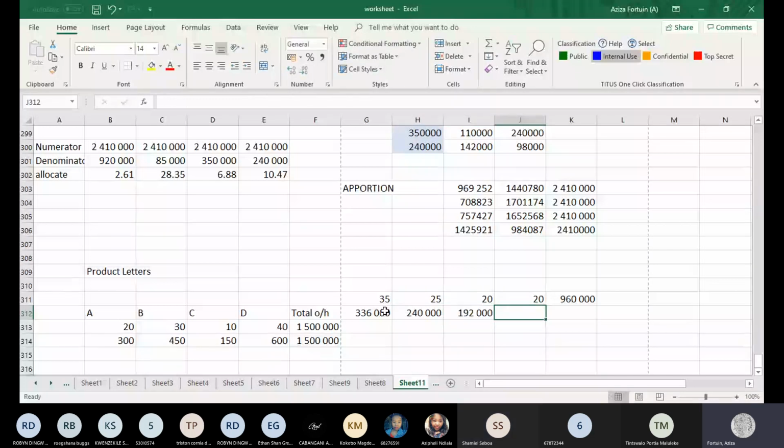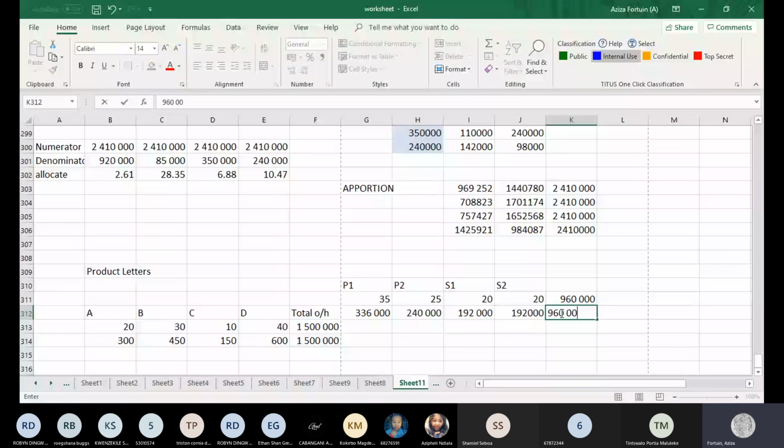Okay, let's just write our departments here: P1, P2, S1, and S2. And this now equals the 960,000.